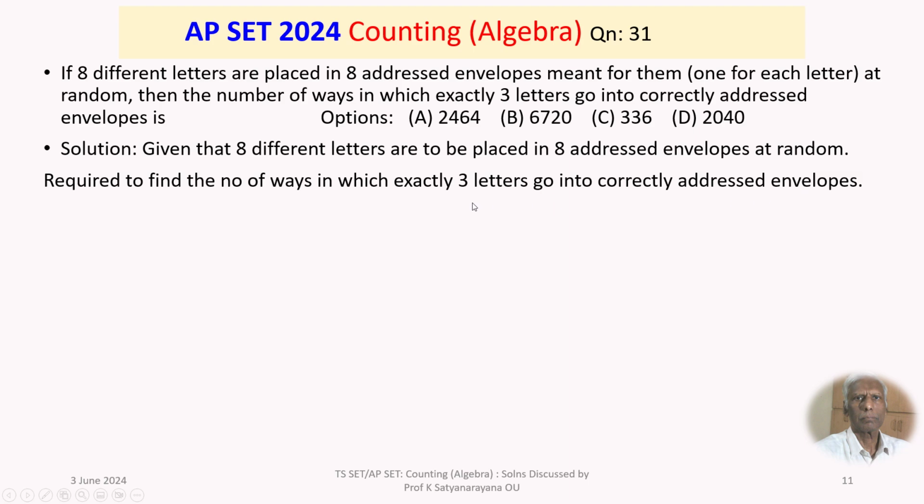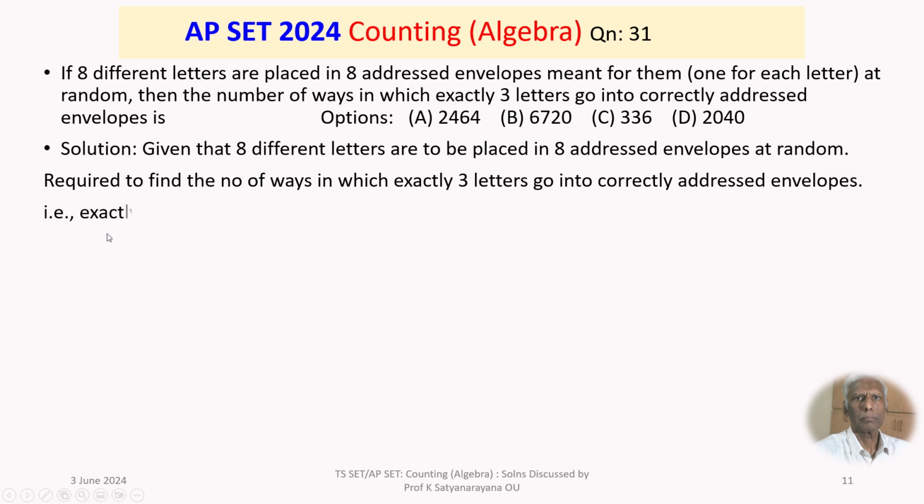This task can be divided into 2 tasks. The first task is to send these 3 letters into correctly addressed envelopes. Then the second task is that the remaining 8 minus 3, 5 letters are to be placed in these envelopes such that no letter is placed into the correctly addressed envelope.